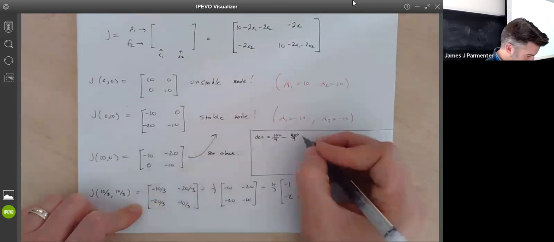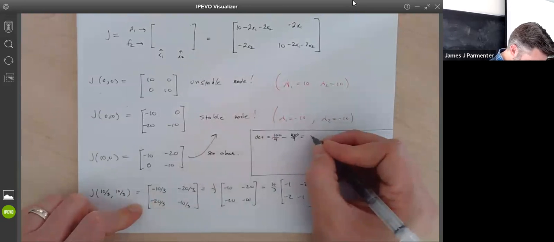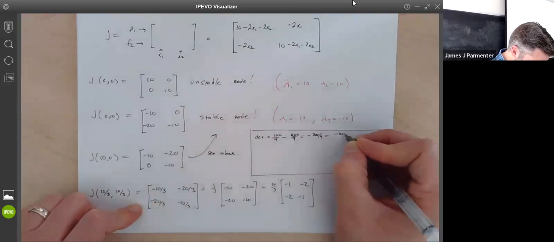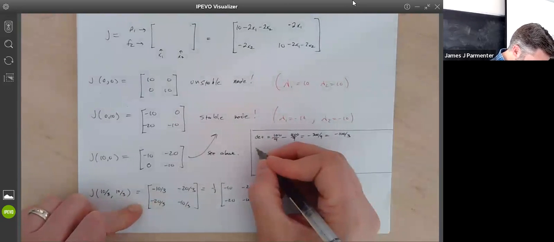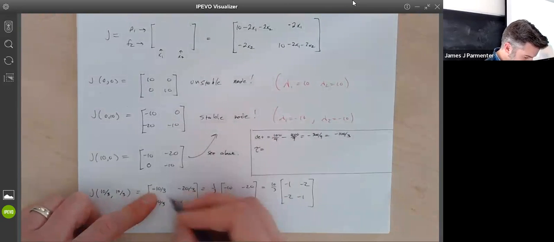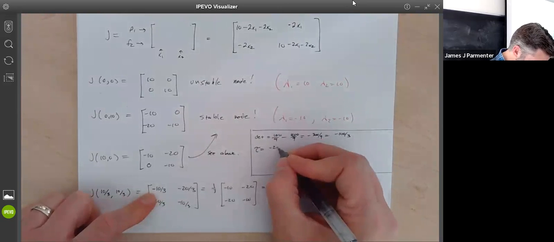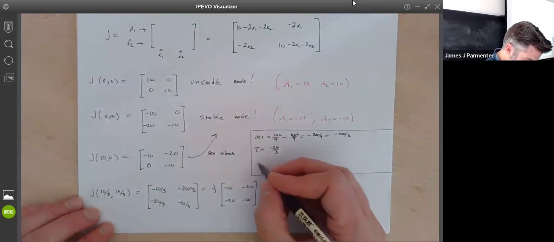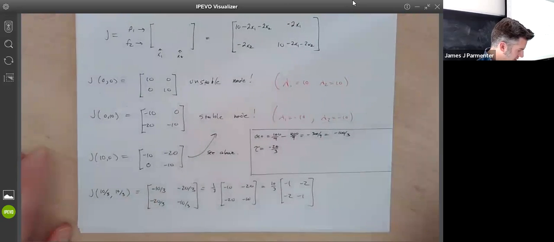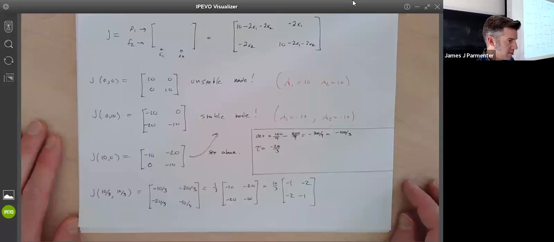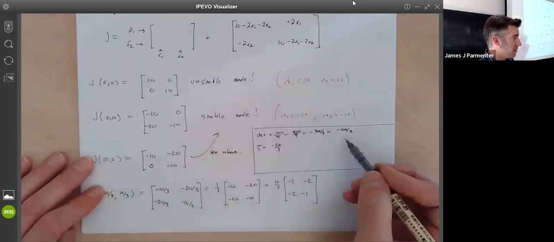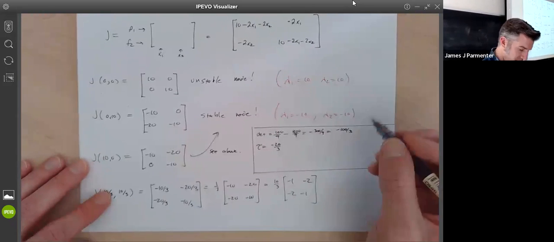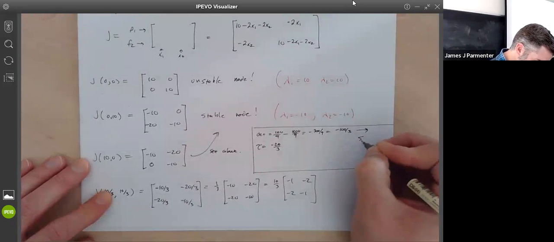So I'm going to get negative 300/9, which is negative 100/3. And then my trace is negative 10 thirds plus negative 10 thirds, which is negative 20 thirds. So then my eigenvalues are looking like, oh wait, I should stop right there. Determinant's negative. That can only ever mean one thing. Saddle.